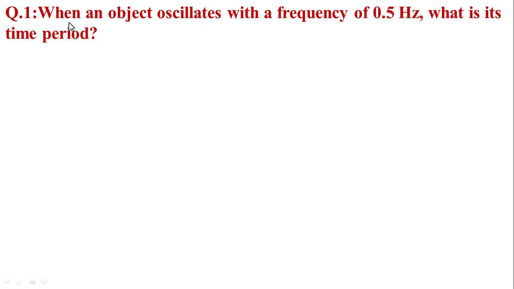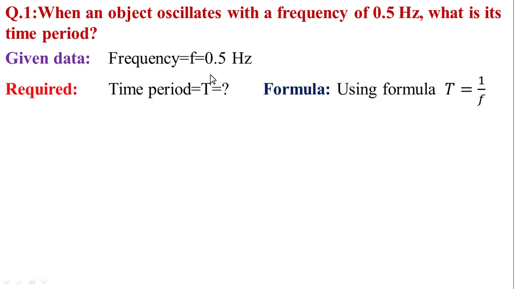In the first question, given that an object oscillates with a frequency of 0.5 Hz, what will be the time period? First of all, write the given data. Given data: frequency f is equal to 0.5 Hz. Now, required: the time period T is equal to question mark.